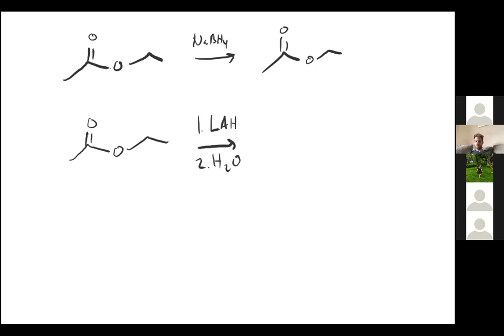The way these end up getting reduced, and we'll go through a mechanism for them, but you're essentially going to break this into two different alcohols. So you're going to break it down here.